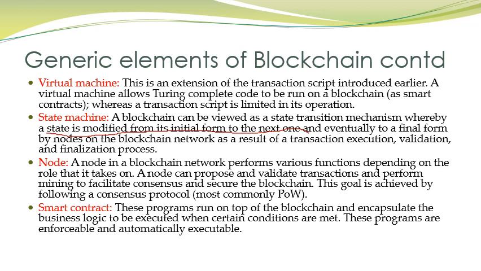So these are the different generic elements of the blockchain. We have studied address, transaction, peer-to-peer network, block, then virtual machine, state machine, node, and smart contracts. All these components make a blockchain, but as per the requirements of the blockchain, there may be some additional components, or some of these components may not be needed in some blockchains.